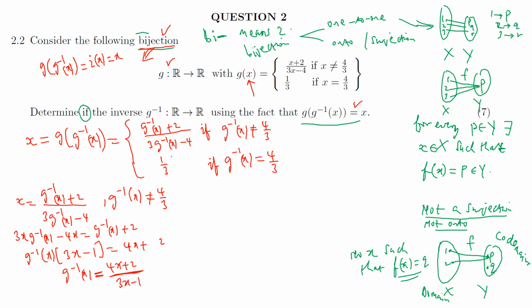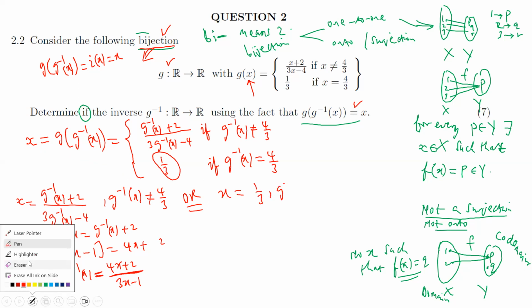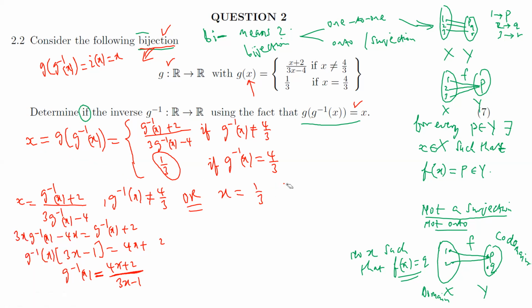This second case has to do with the fact that you have 1/3 here. You have those two parts, or you have that x is equal to 1/3 if G, you can put if, doesn't matter, you can put a comma, but let me just put if to make it clear.